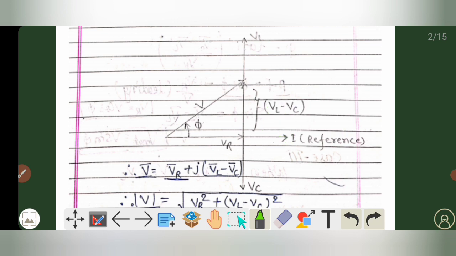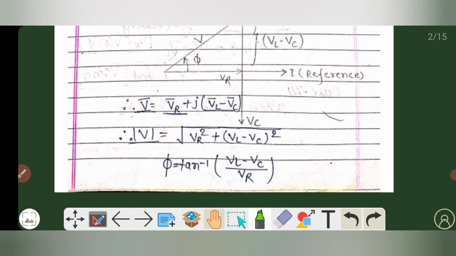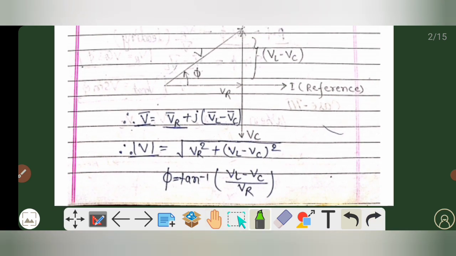Now we will proceed to our next calculation. As we know, V is equal to VR plus j(VL minus VC). If you want to calculate the magnitude of voltage from here, then as we know, it is the root of the square of the imaginary part plus the square of the real part.